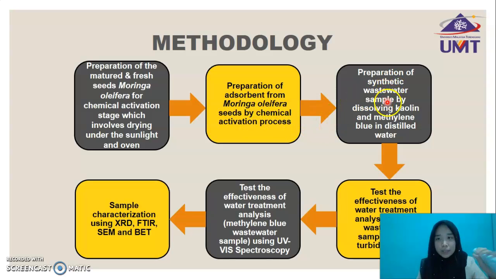I prepared the synthetic wastewater sample using kaolin and methylene blue, but unfortunately we cannot proceed with the methylene blue. Then I tested the effectiveness of water treatment for kaolin wastewater using the turbidity meter, and lastly I did the sample characterization using XRD, FTIR, SEM, and BET. And BET also cannot be proceeded due to some situation.